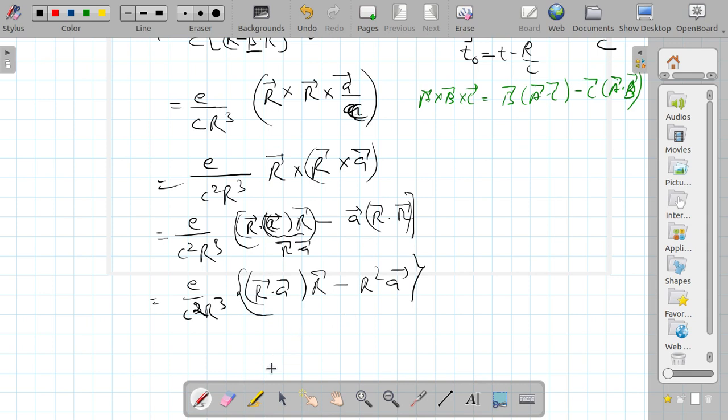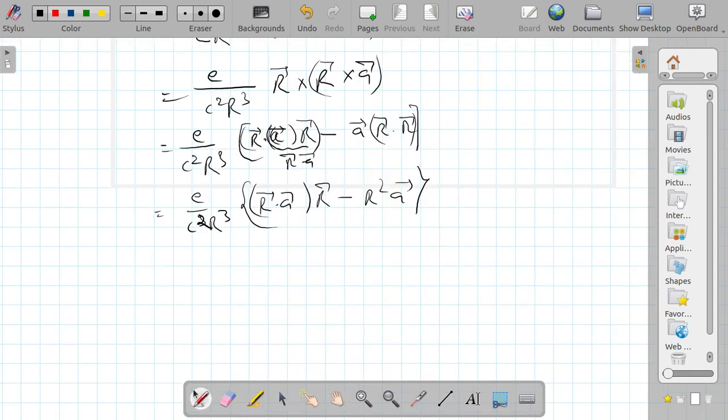This is the way it can be expressed. Similarly, I can find the expression for the radiation field, E_a, which is equal to R cross E_a upon R. R cross upon R can be written as n cap, so it becomes n cap cross E_a.